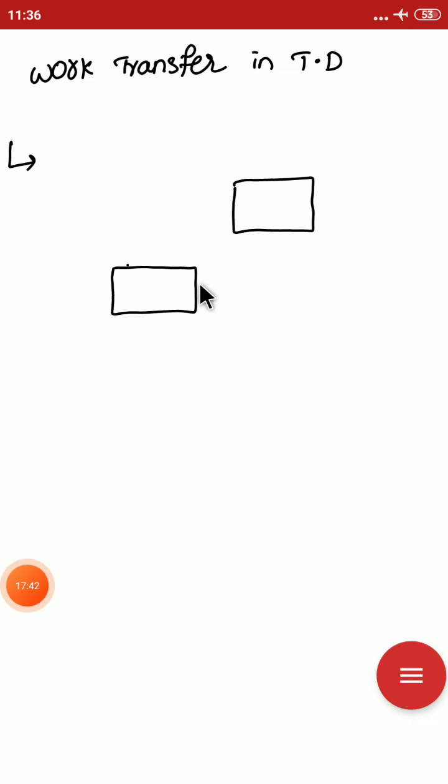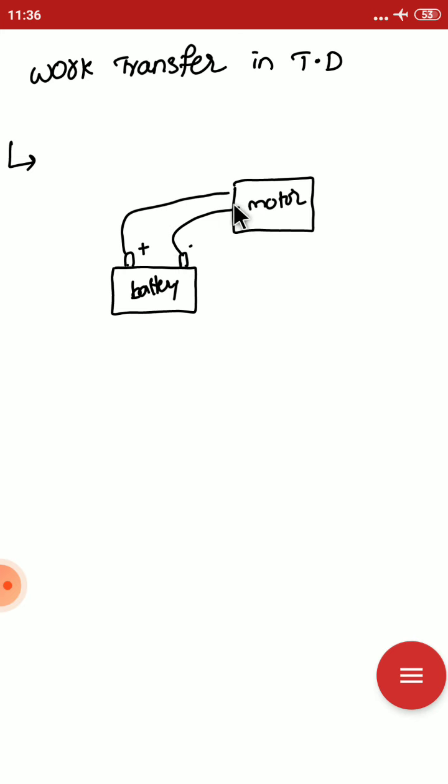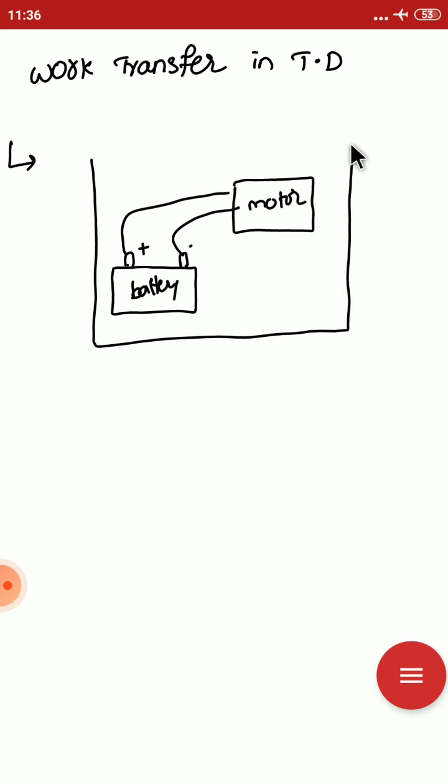Okay, let us consider a battery. This is a battery. This is a positive terminal. This is a negative terminal. This is connected with a motor. Now we consider the battery and motor as a system.